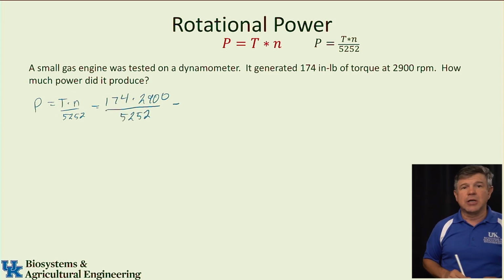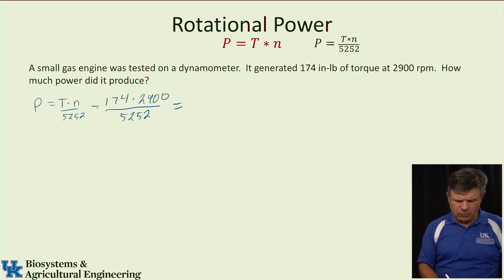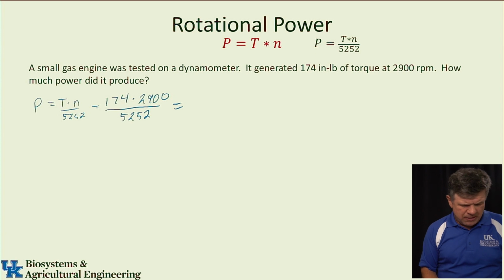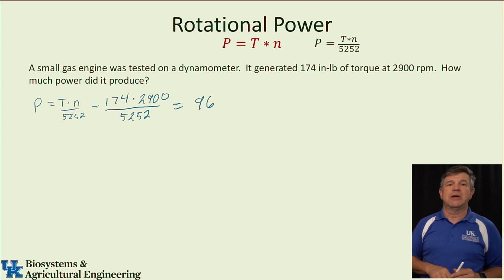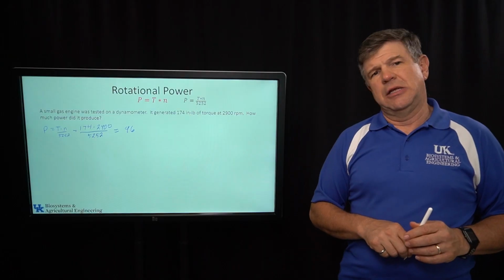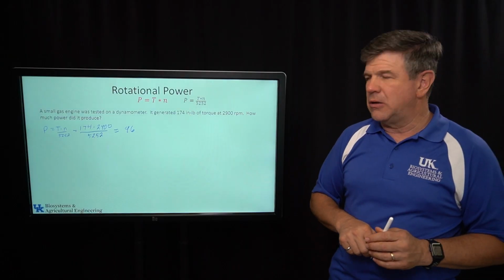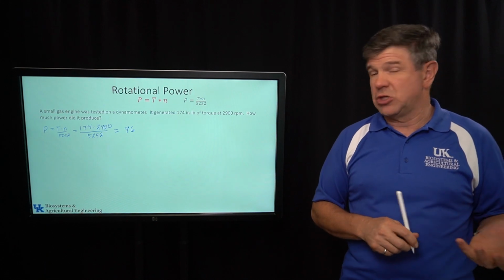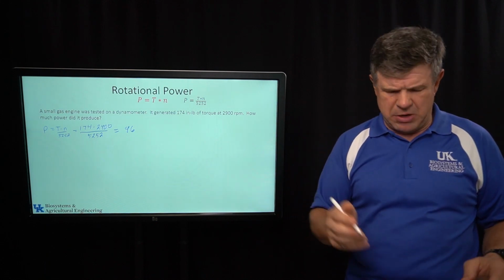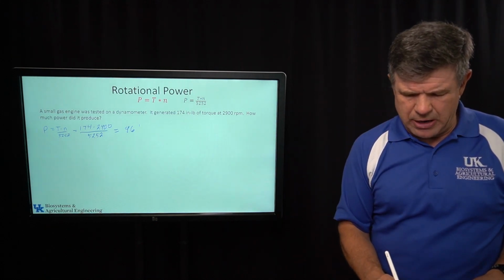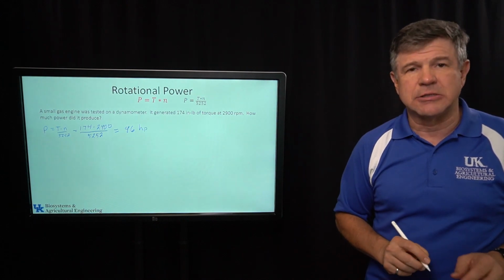I plug those numbers into my calculator, 174 times 2,900 divided by 5252, and that tells me 96. 96 what? Well, I'm in the English system, so that must be 96 horsepower, right?